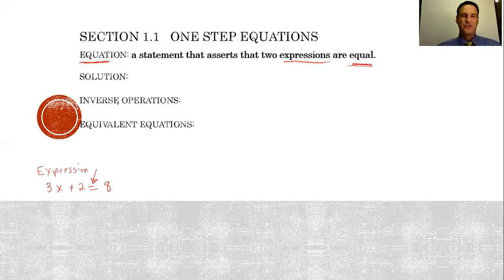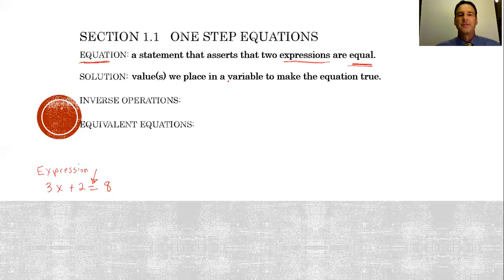The solution, okay, which you see is the next part, is the value, or sometimes values, because we have more than one answer, we place in the variable to make an equation true. Now, if you don't know what a variable is, in mathematics, usually a variable is a letter used to represent a number, okay? And oftentimes it is x, okay? So in this case, it's the number that we would plug into x in order to make a true statement, okay?